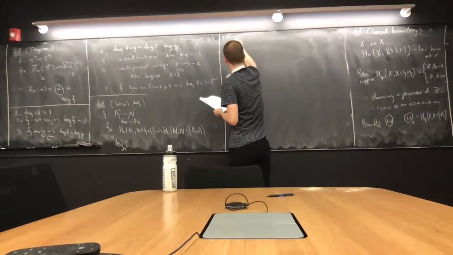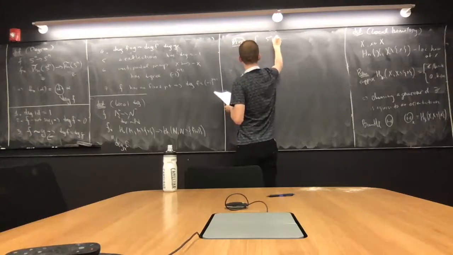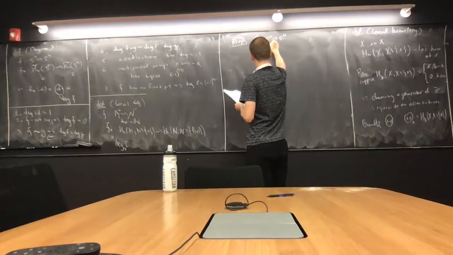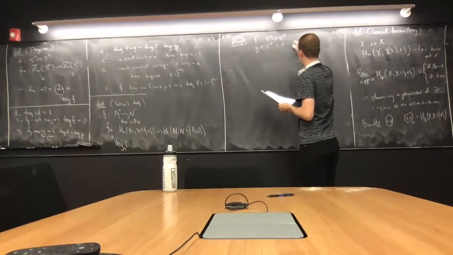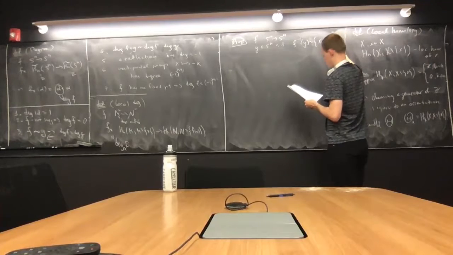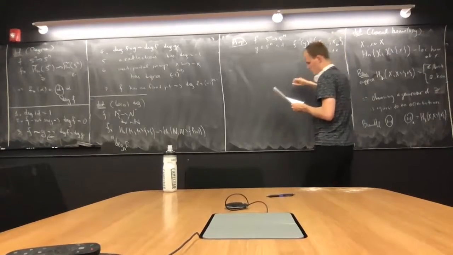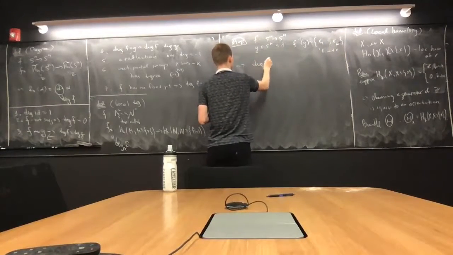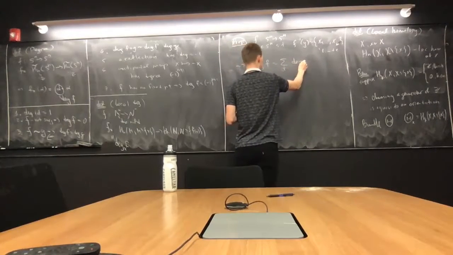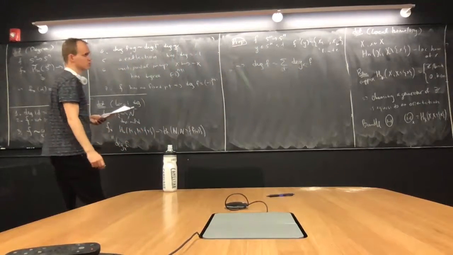Okay, so a proposition which I'm not going to prove because I'm lazy is that if you have any map between two spheres and y is a point such that the pre-image is finite, then the degree of f equals the sum of the local degrees of these points, as a generic range.